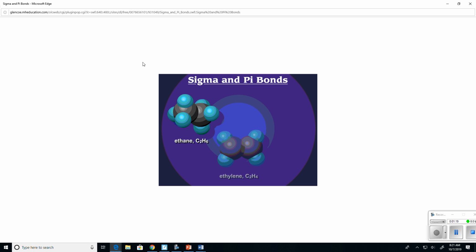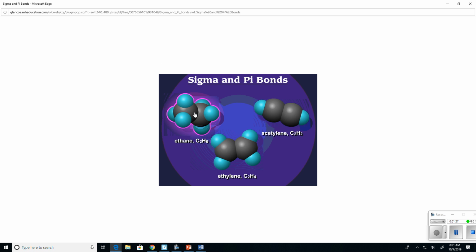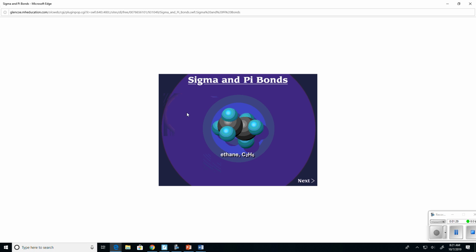Ethane, ethylene, and acetylene. Click on one of the molecules to view an animation of the bonding in that molecule. First, consider the Lewis structure of ethane. Counting the number of VSEPR pairs of electrons around carbon 1, we find 4 VSEPR pairs. We should also count 4 VSEPR pairs around carbon 2.